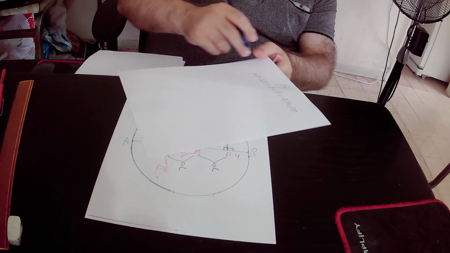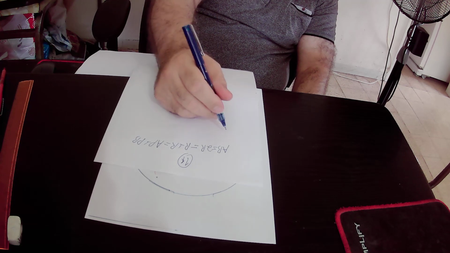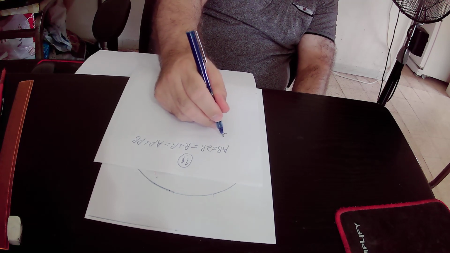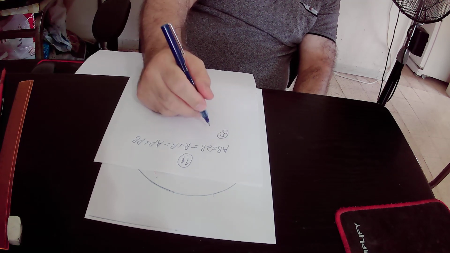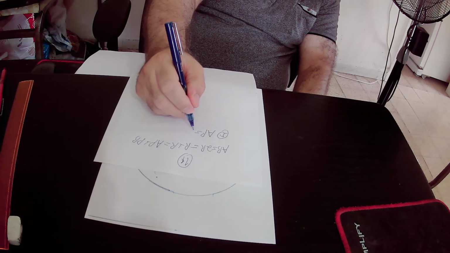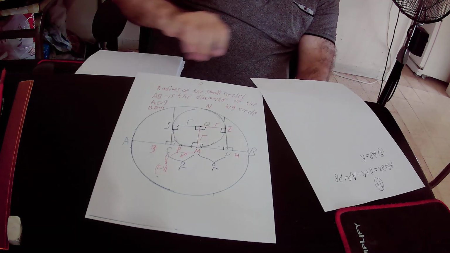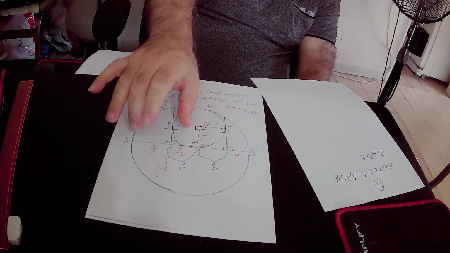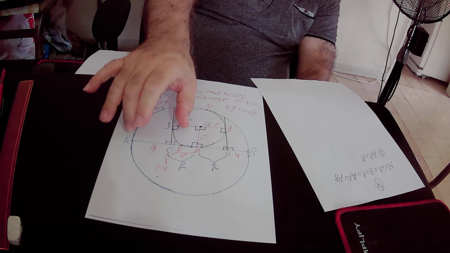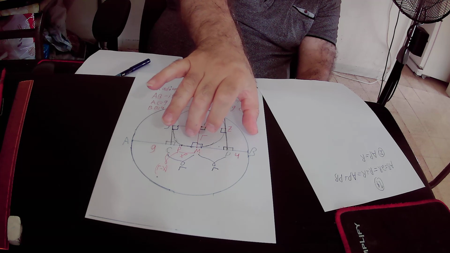So we create two expressions for the radius of the big circle. The first one is AP equals to capital R. P is the center of the circle, so AP equals to the radius of the big circle, and PB is also the radius of the big circle.